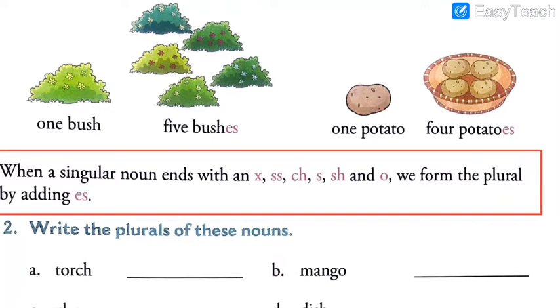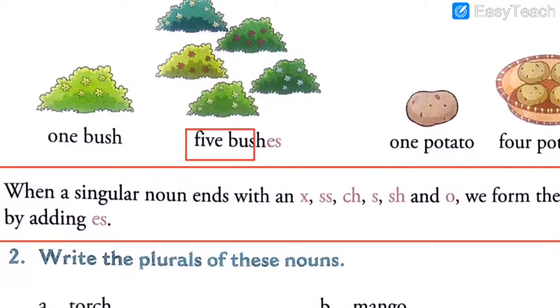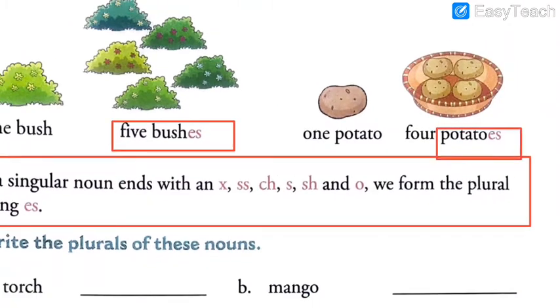when a singular noun ends with x, double s, ch, s, sh and o, we form the plural by adding es. So, here you see we have added es to make it plural.